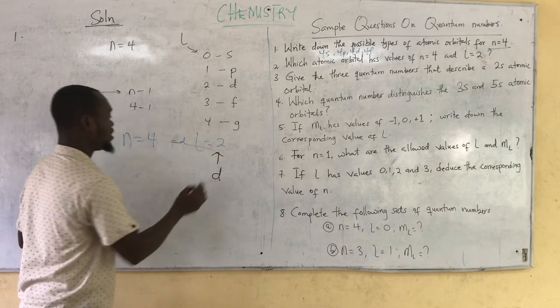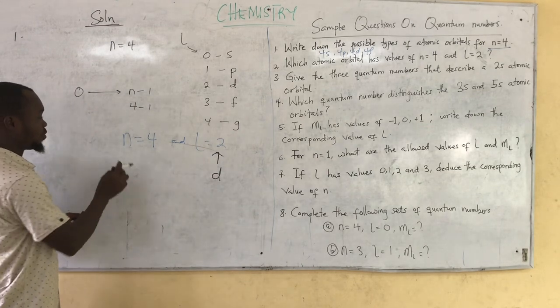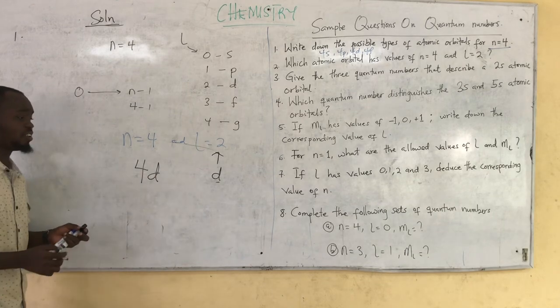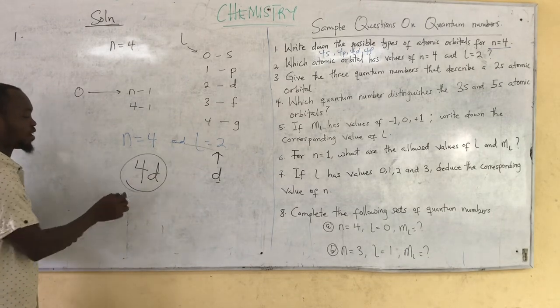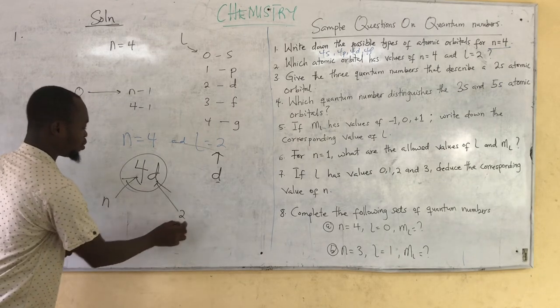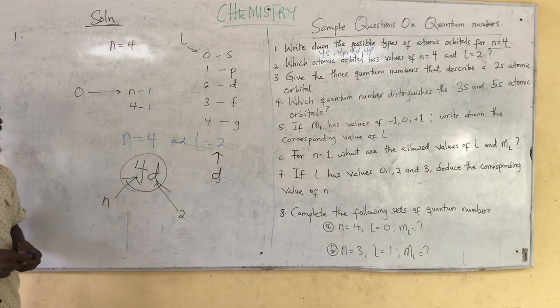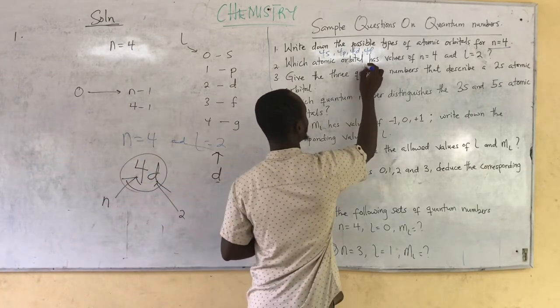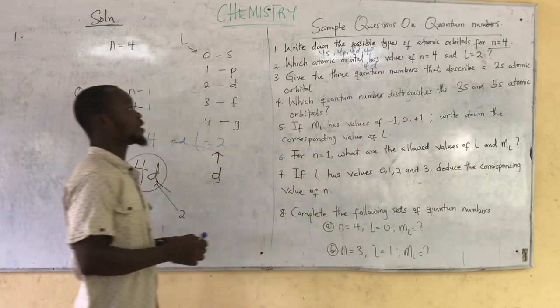It represents a d orbital. So if n is 4 and l is 2, that is the d orbital. So this is the atomic orbital which has an n value of 4 and an l value of 2. That is the answer for question 2, and the answer is the 4d atomic orbital.